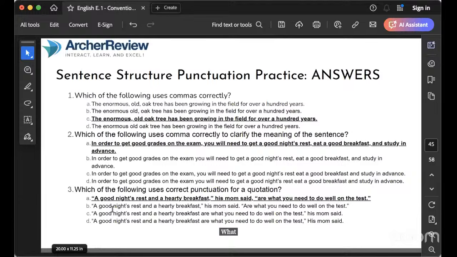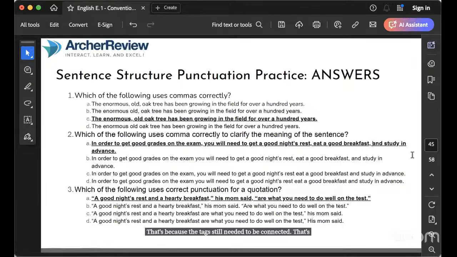What's wrong with D? They put the comma, like I said, but you see what his, it's a capital. So you can't do that. You have to have a lowercase because the tag still needs to be connected. That's a good point.